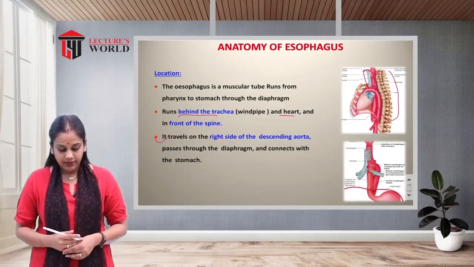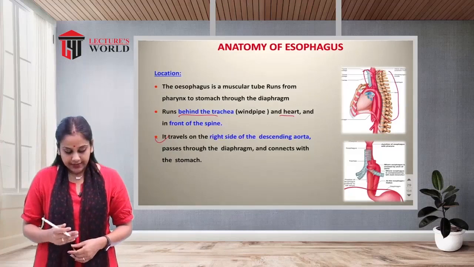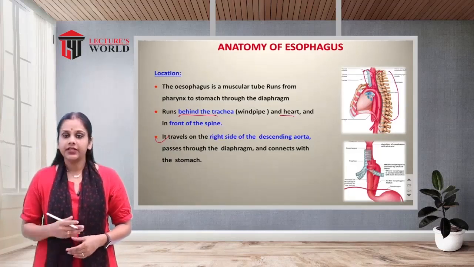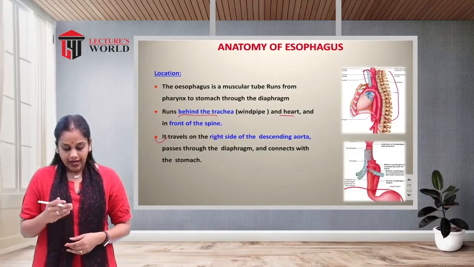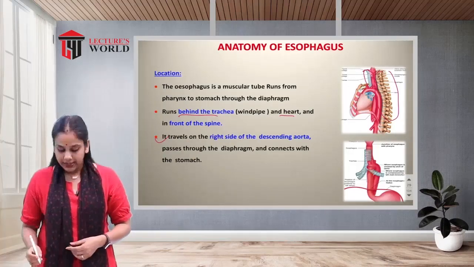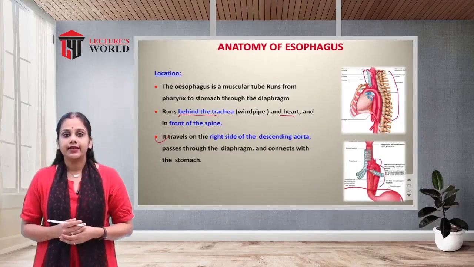Then it travels on the right side of the descending aorta, and it passes through the diaphragm and connects with the stomach. See, this is the descending aorta.